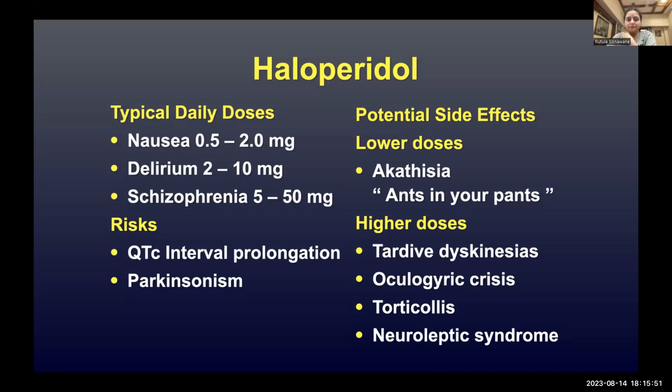So basically, especially if the patient already has some cardiac issue, then maybe it is better to avoid haloperidol and go for quetiapine or olanzapine instead. But you'll have to weigh the risks and the benefits of the medication.